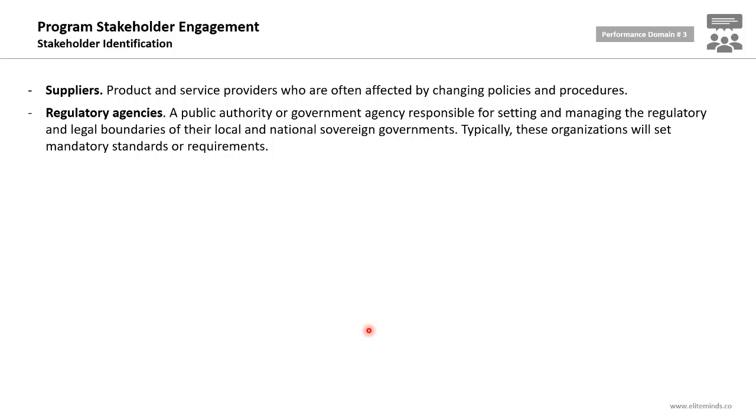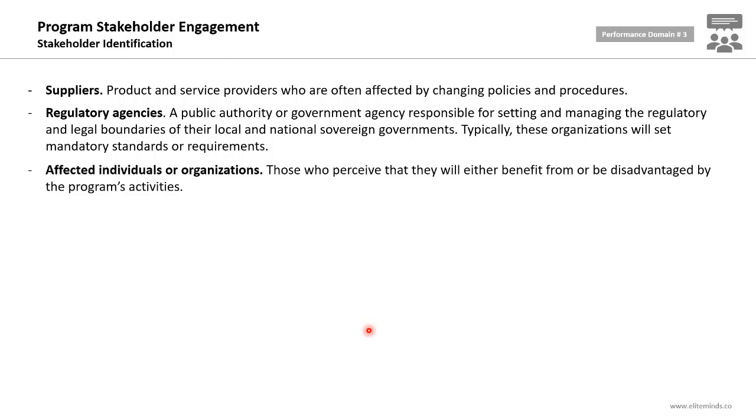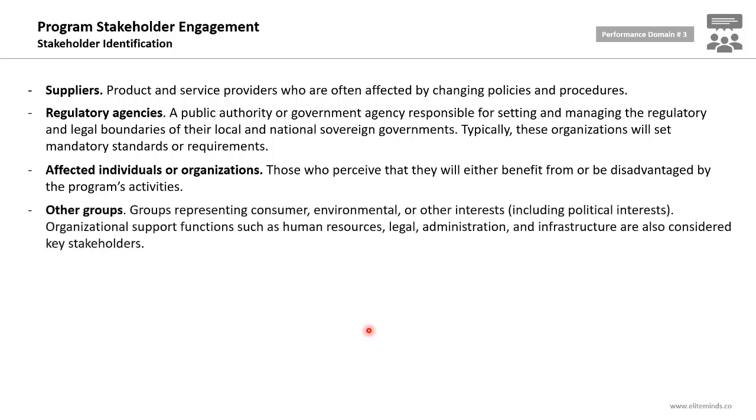Typically, these organizations will set mandatory standards or requirements which our programs should comply with. Affected individuals or organizations, those who perceive that they will either benefit from or be disadvantaged by the program's activities, and any relevant other groups can be key stakeholders, groups representing consumer, environmental, or other interests.